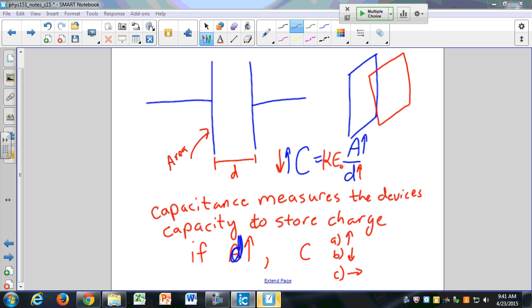And then this is the, gosh, what's that called? The dielectric constant. So this insulator that you have in between the two plates, that's called a dielectric, and this is just a dielectric constant. It's just a number. But the important things are this area and the distance between them.